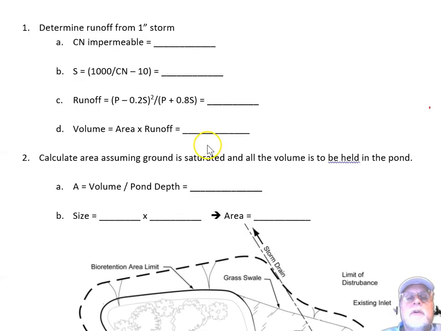All right, so first thing we're going to do is calculate the runoff from a 1 inch storm. Now in some guidelines they might say, like the simplified method, just treat 1 inch of runoff. But here we're going to do a 1 inch storm and calculate the runoff using the curve number method, which we know well by now.